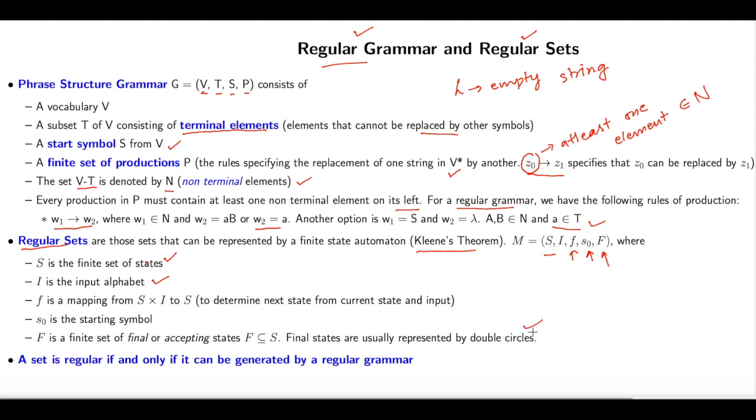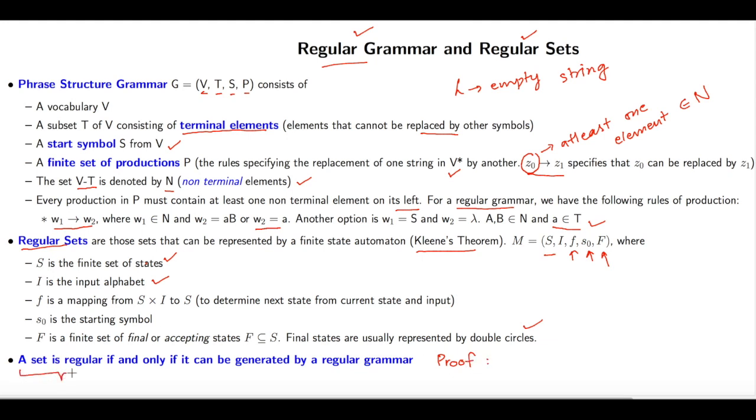Now we come to the main part of our lesson. We want to prove that a set is regular if and only if it can be generated by a regular grammar. Let's break this proof into two parts.